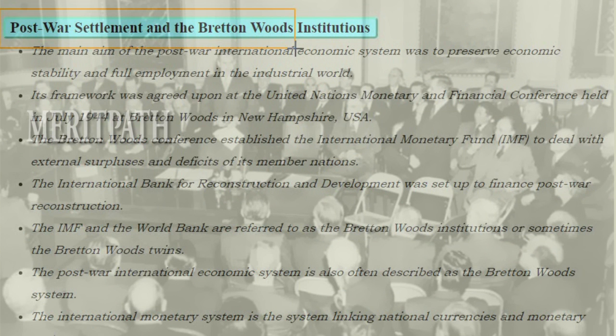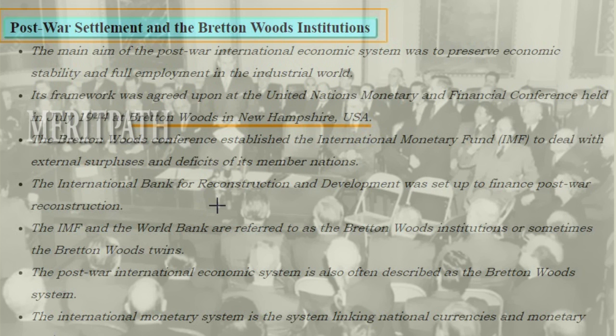Post-war settlements and Bretton Woods institutions. The main aim of the post-war international economic system was to preserve economic stability and full employment in the industrial world. Its framework was agreed upon at the United Nations Monetary and Financial Conference held in July 1944 at Bretton Woods in New Hampshire, United States of America.